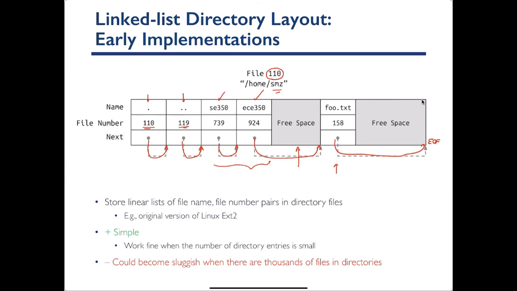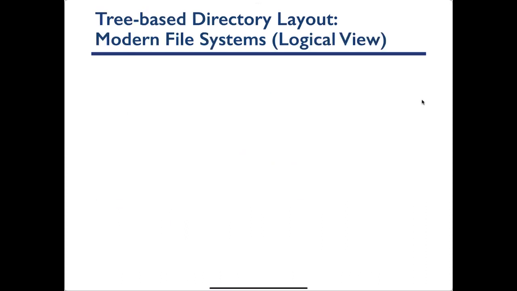Whenever we have hardship with a linked list, our second option is a tree. So that's what happens. In most file systems, in XFS, in Microsoft NTFS, in Oracle ZFS, and in so many other file systems, the way directories are stored is through a tree.